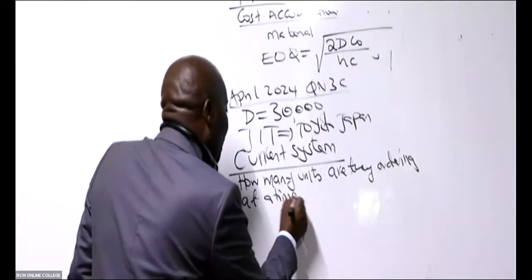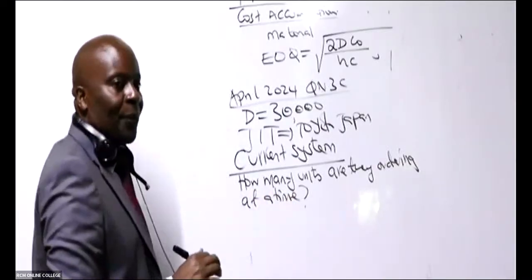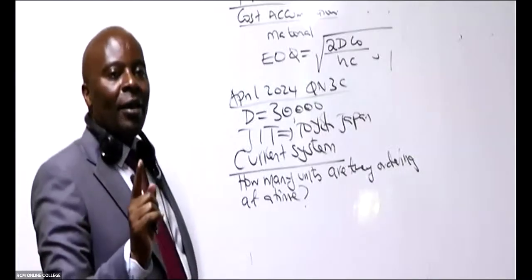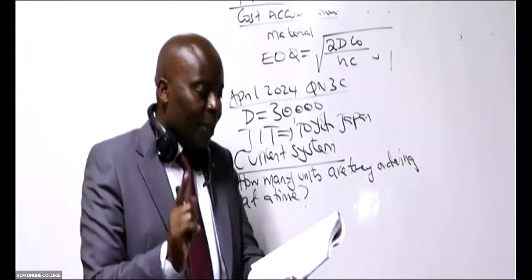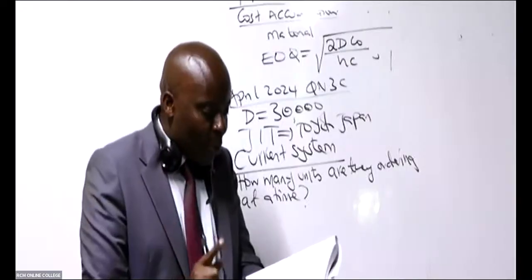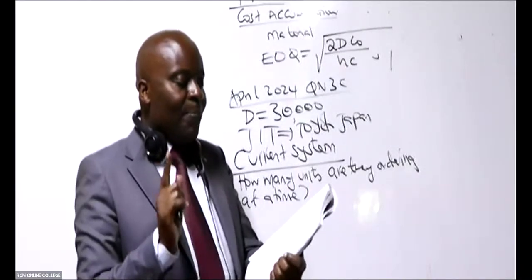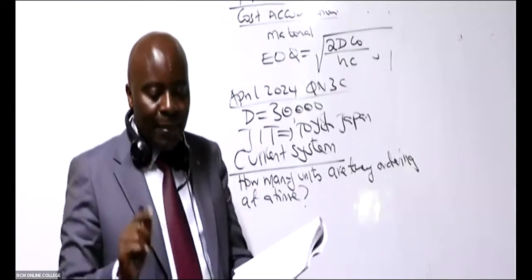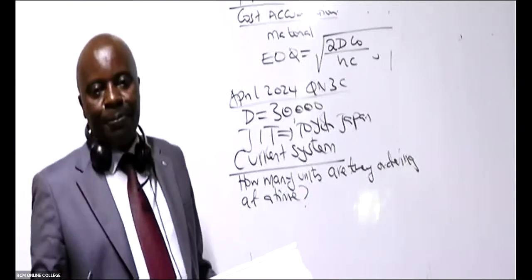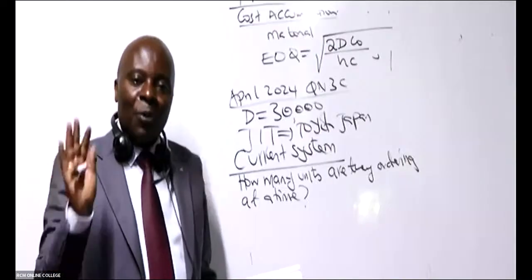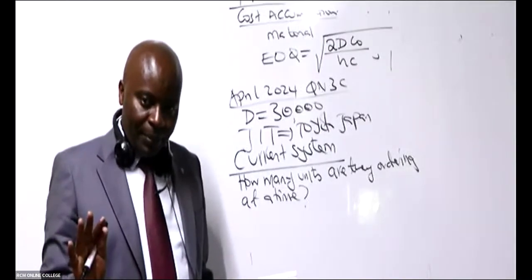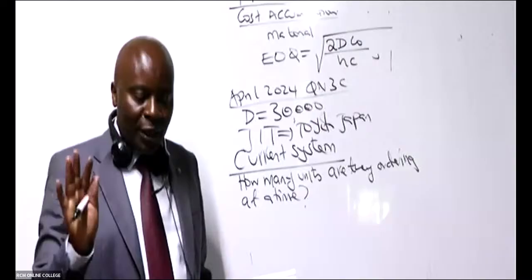This is really important for us. For example, for the proposed system, if you read note number 3, they have told us that every time they order, they place an order over 4,000 units at a time. That is the proposed system.